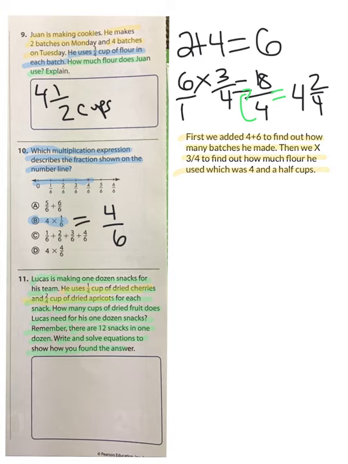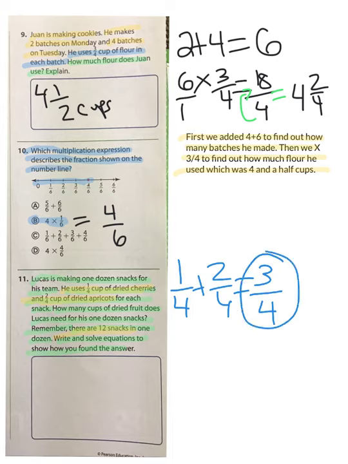So first we need to add those together to figure out how many cups he's using. Then we need to multiply that by 12 to get our answer. So our first equation is going to be 1/4 plus 2/4 equals 3/4. You don't have to draw bar diagrams. You can just write the equations. So this is how much dried fruit he's using for 1 snack.